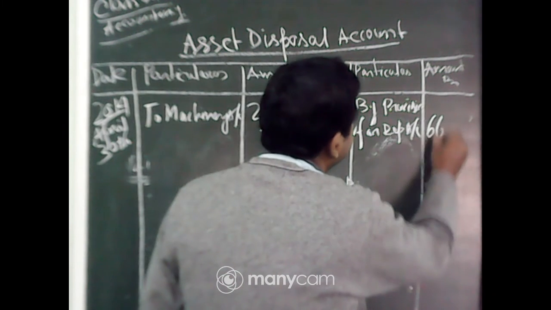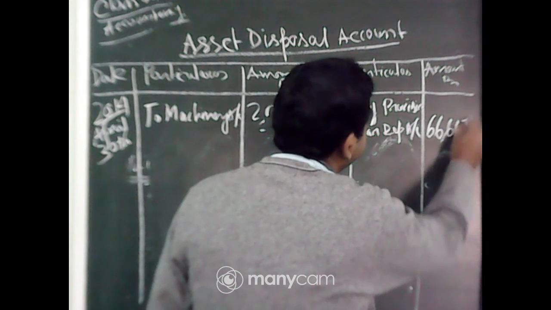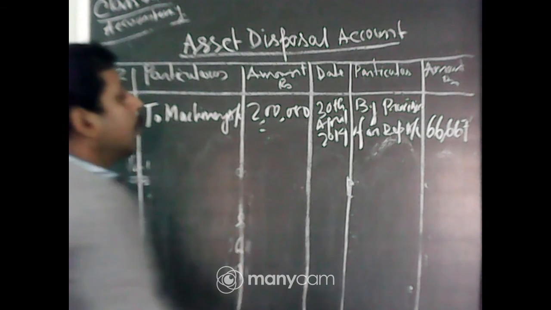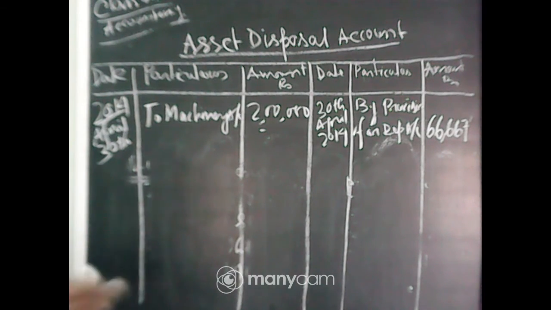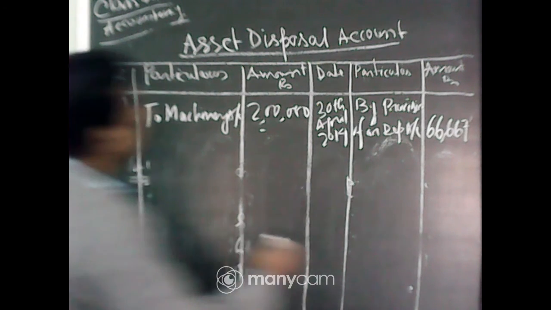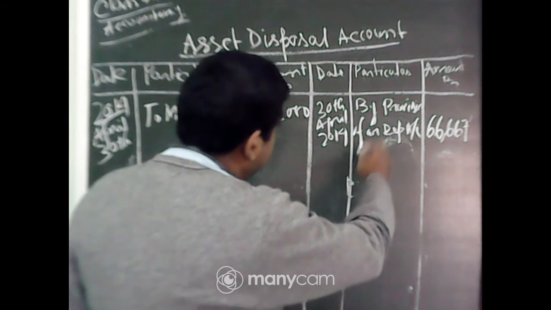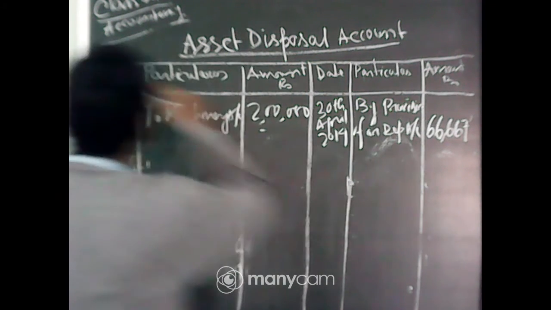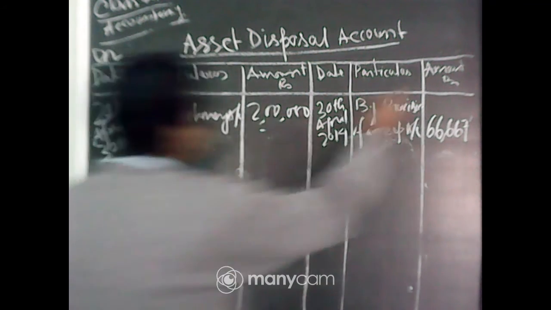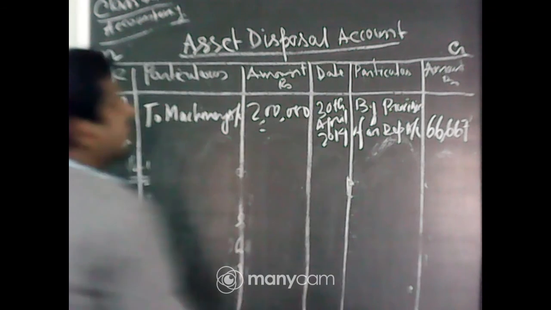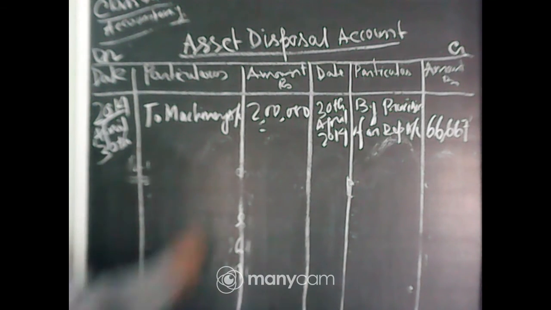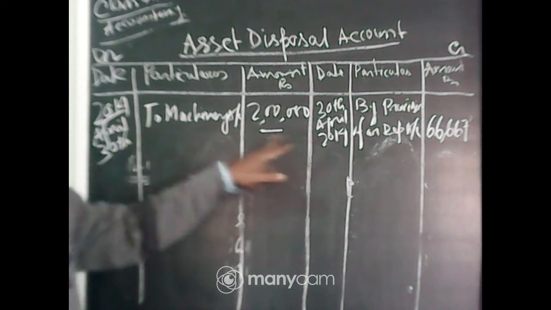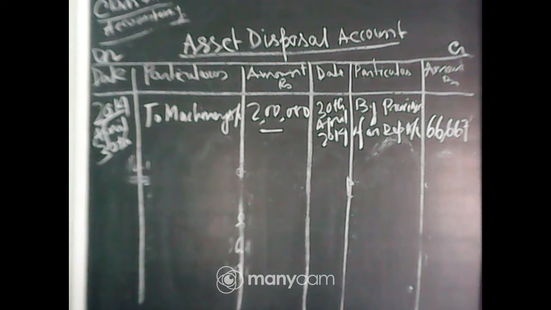You have to debit the provision for depreciation account and credit the asset disposal account. On the credit side of this asset disposal account, you have to charge 66,667, the total depreciation at the date of sale for that particular machine, whose cost is 2 lakh.